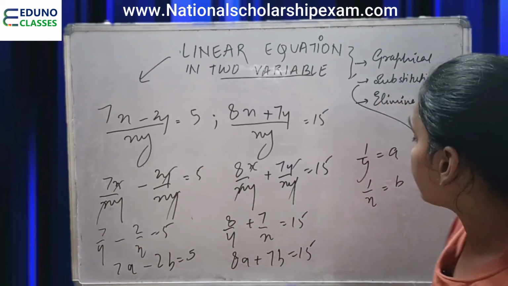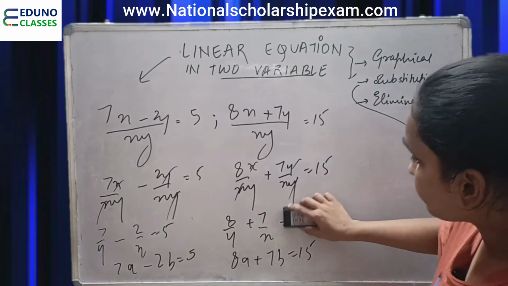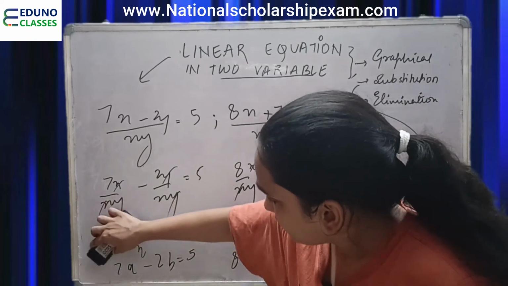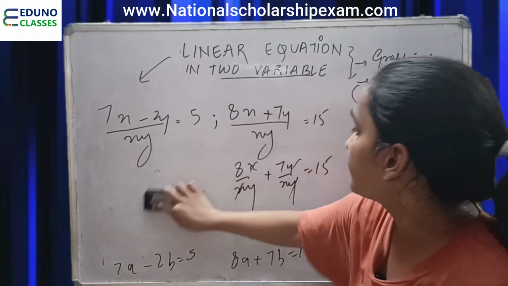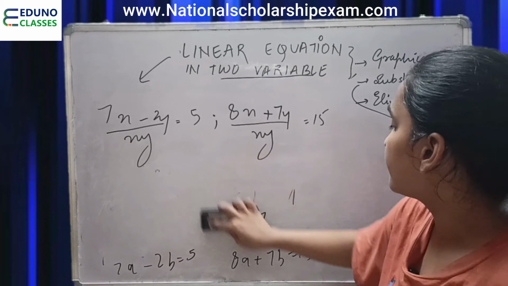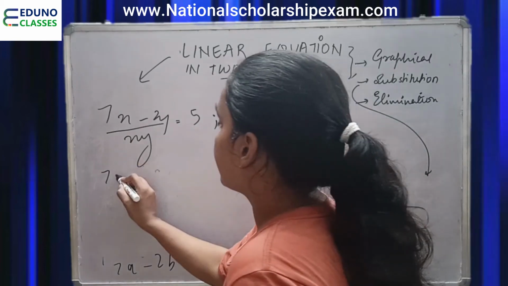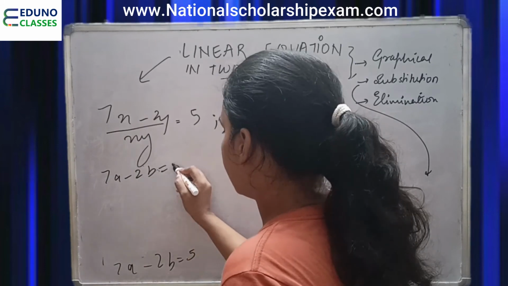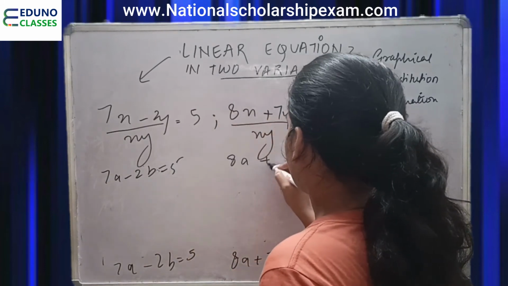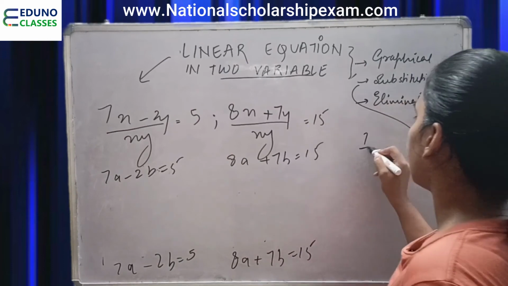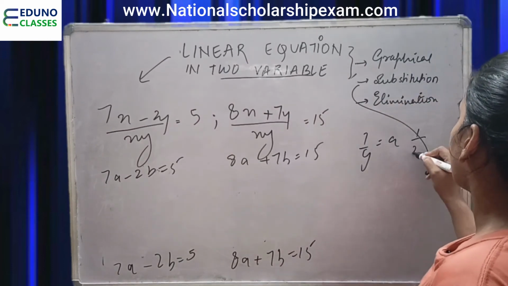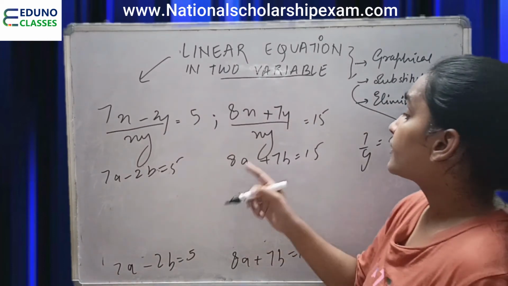So let us remember these equations. What are the equations in front of us? 7a minus 2b is equal to 5. 8a plus 7b is equal to 15, where 1 by y was a and 1 by x was b.